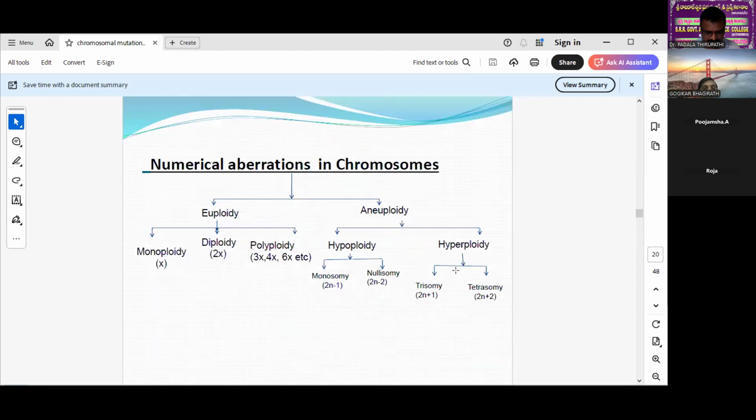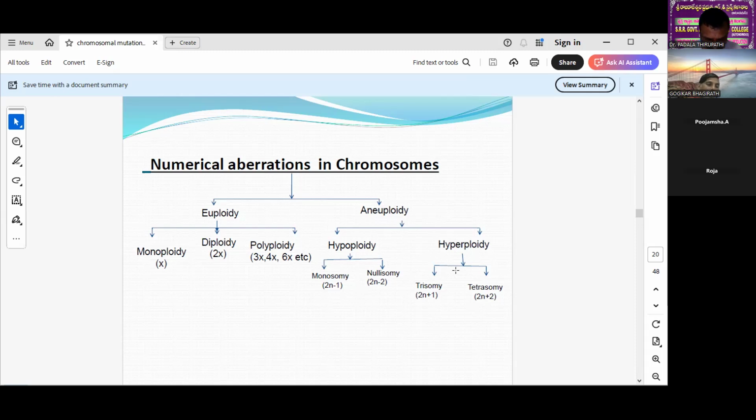So this is about the structural variations in the chromosomes. Apart from that, we can also discuss the numerical aberrations or numerical changes in the chromosome. Generally, every plant species or animal species has a unique chromosome number. It may not change. Universally, every organism contains a unique number of chromosomes.